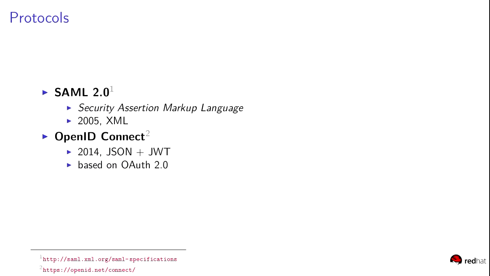Okay. So a bit more about the two main protocols in this space. So SAML2 is an XML-based federated sign-on protocol. It was standardized in 2005, so it's quite old. And it's very enterprisey. It comes from the enterprise authentication space. That's sort of where it began.